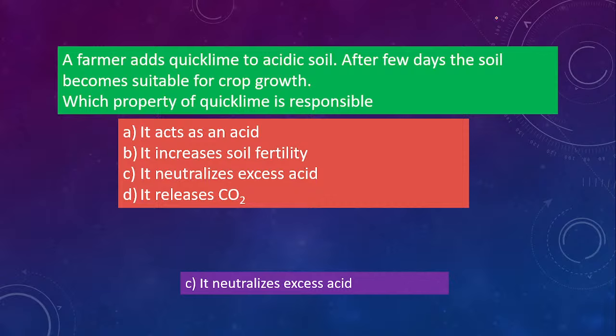So yes, very good. That is because it's a base, so you have to neutralize the acidic soil. In order to neutralize acidic soil, you have to take a base, that is quicklime, right? So option C is the correct one, to neutralize the excess acid present in the soil. Okay, good.